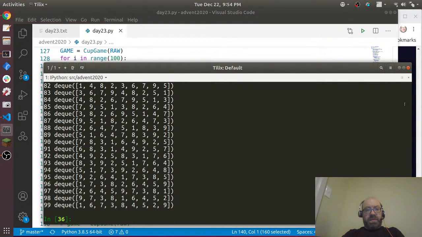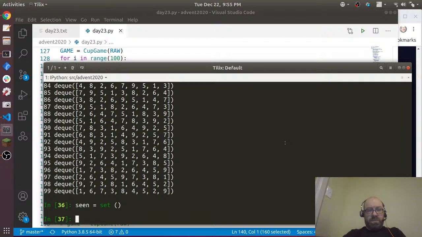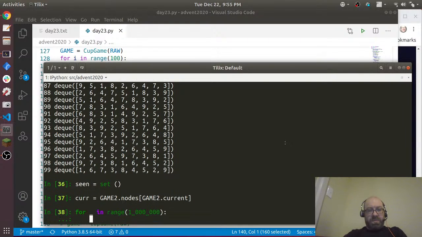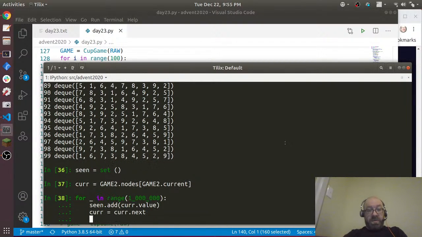So let's say scene equals set, cur equals game2.nodes, game2.current, for blank in range 1000, scene.add cur.value, cur equals cur.next.